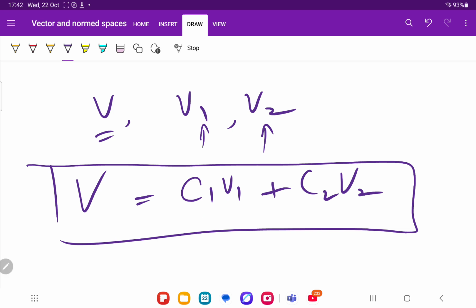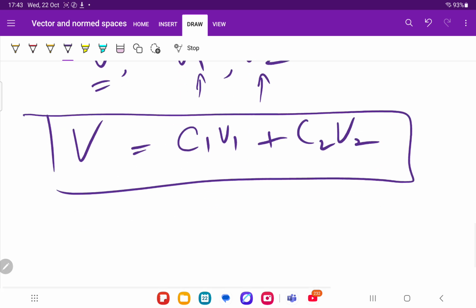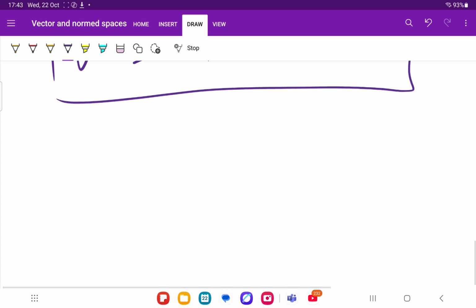Currently our objective is not to find the values of c1 and c2. Basically, when we talk about some sort of system, for example, we have x, y and z, three vectors, and our objective is to write v as a linear combination of these.